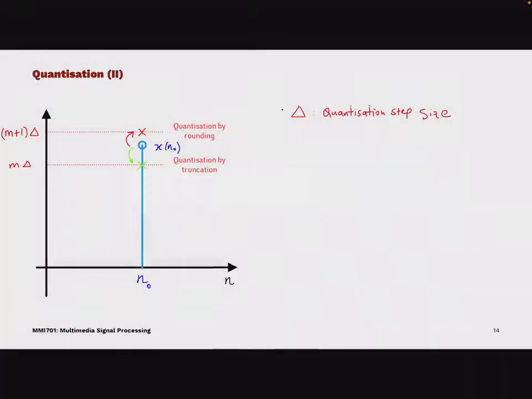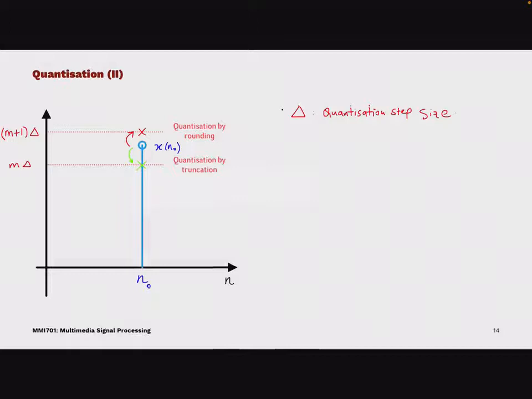Okay, so we said delta is our quantization step size. Now, if you're assigning a value from a set of numbers that are 0 to 10 to your continuous valued sample, then your quantization step size is 1, right? The difference between two consecutive values in the set of numbers that you have.